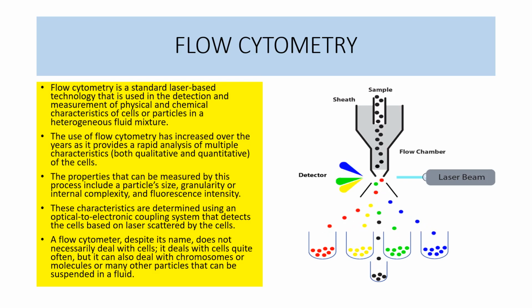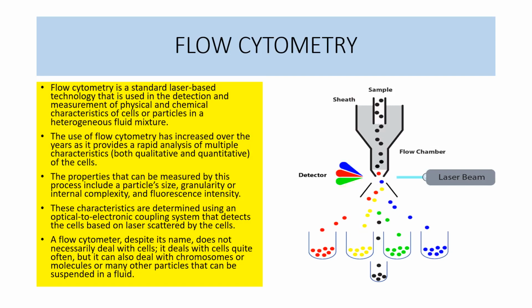These characteristics are determined using an optical to electronic coupling system that detects the cell based on light scattered by the cells. A flow cytometer, despite its name, does not necessarily deal only with cells. It deals with cells quite often, but also deals with chromosomes or molecules or many other particles that can be suspended in the fluid.